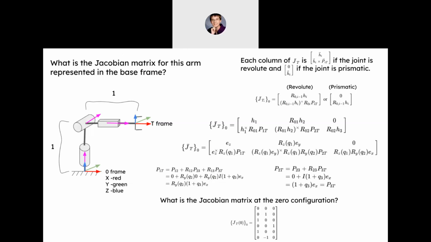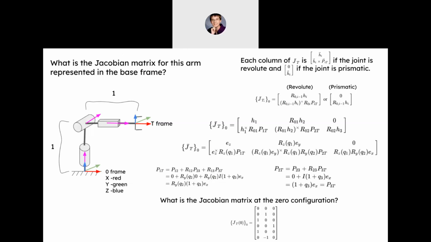If you have a prismatic joint, then you're just sliding along an axis. You're not going to cause any rotation, which is why the first part of that column is 0. We're only going to have translational velocity along whatever axis we're translating along. If we represent that in, say, the base frame, we need to use our rotation matrices to get the h_i's into the appropriate frame.